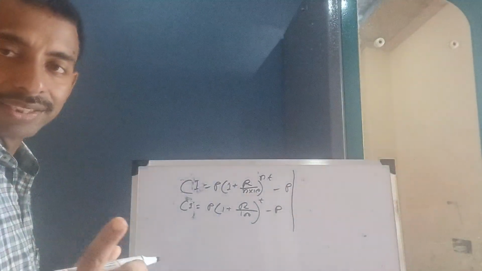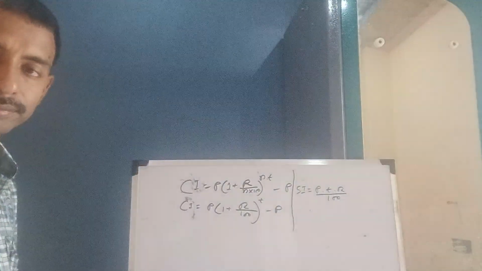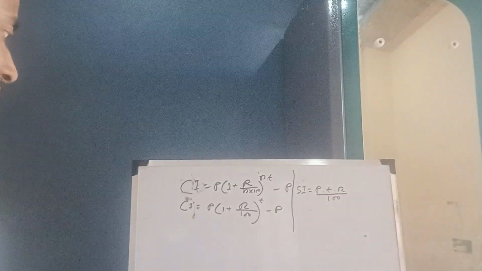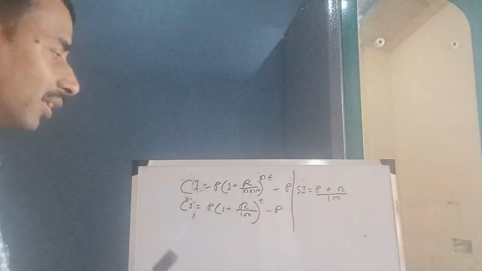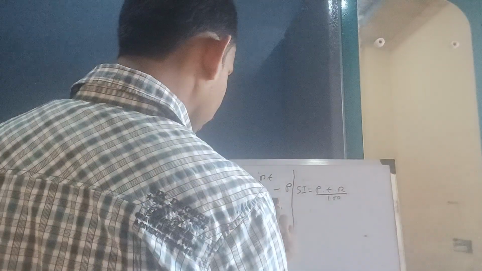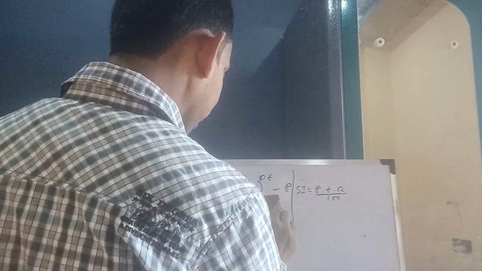Again, in case of simple interest, SI equals P into T into R by 100. And here, the period is 3 years.